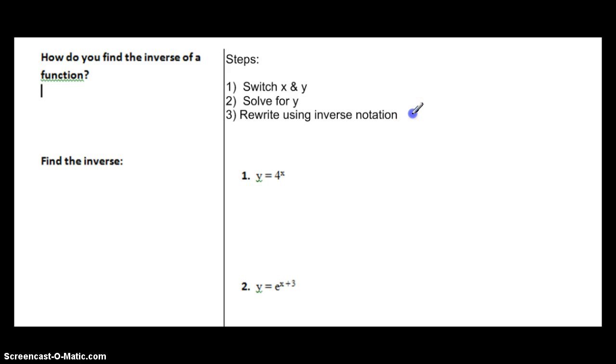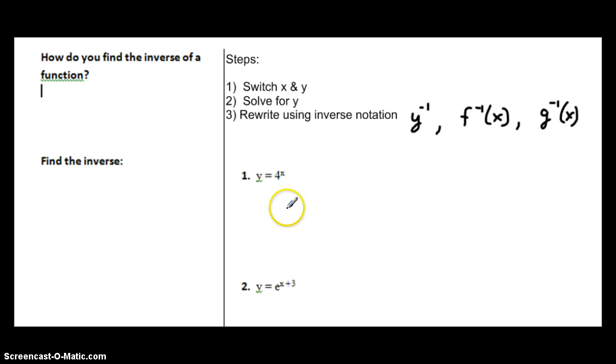So if they don't tell you, label it as f of x or g of x, then you can just use y to the negative 1. If they had labeled the function as f of x, then you would write f of negative 1 of x, and so on. So if it was originally a g function, you would say g of negative 1 of x.